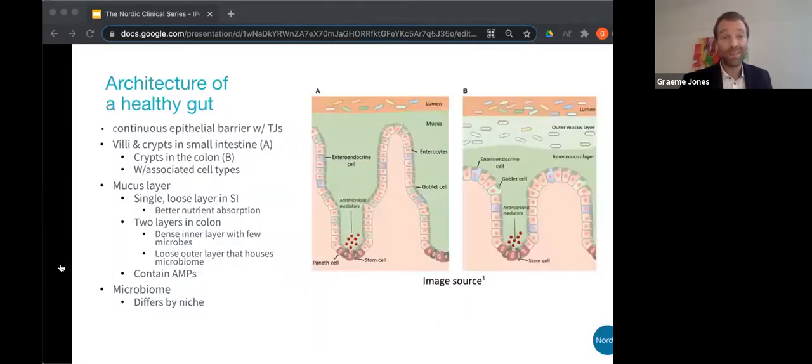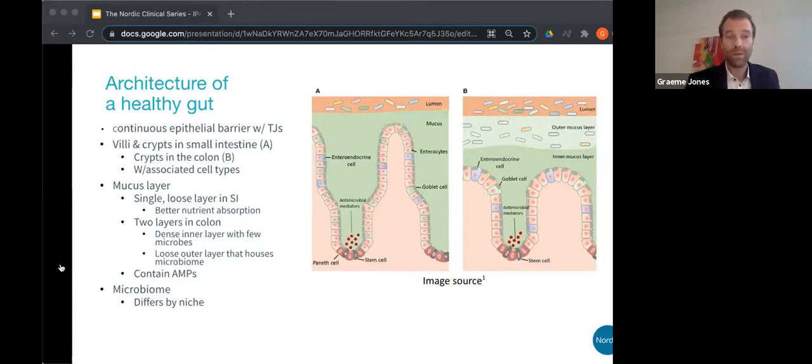Now, if we get into the architecture of a healthy gut, I think it's important to cover that situation. Of course, we have the small and large intestine here, with different anatomy going on.